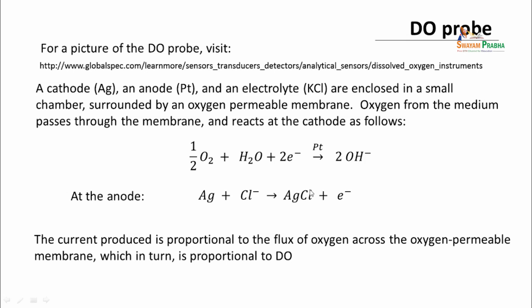When there are electrons being transferred at the electrodes, if you connect the electrodes with a wire, you would see a current. The current produced is proportional to the flux of oxygen across the oxygen permeable membrane, which in turn is proportional to the dissolved oxygen. That's the principle here. Okay, so you have the cathodic reaction, you have the anodic reaction. I think this has been switched around, don't worry about it. And then this is the principle here of the electrochemical probe.